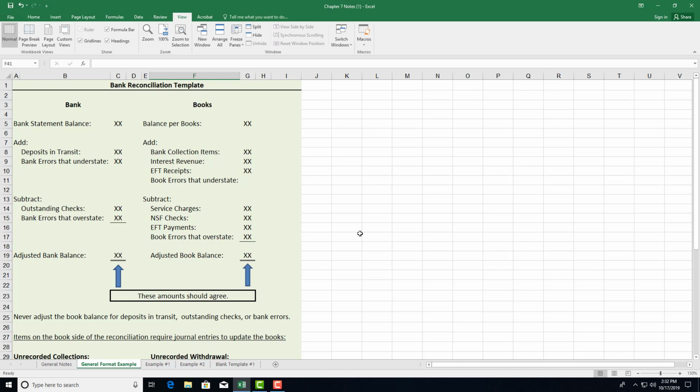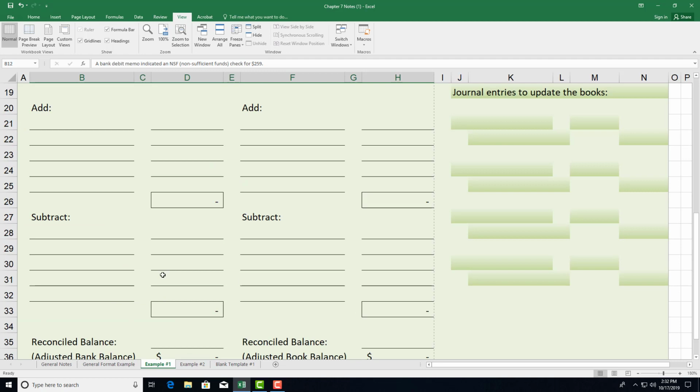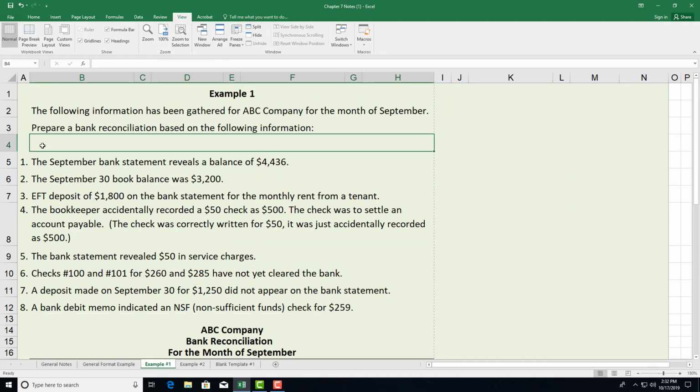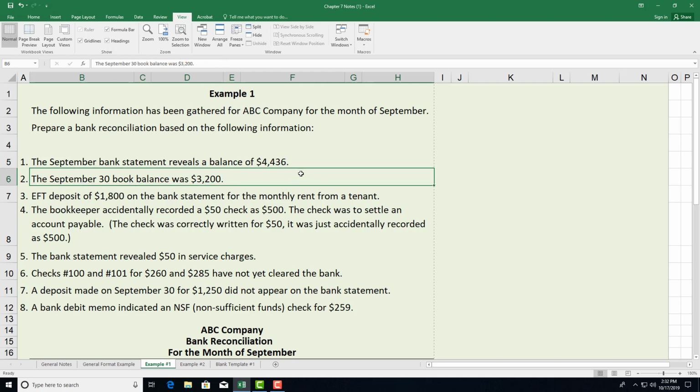Okay, on the second tab, I just have basically a generic template that you might want to use to go back and study a little bit later, but we're going to jump into example 1. Okay, so we have the following information for ABC Company for the month of September. The bank statement has a balance of $4,436, but the book balance is $3,200. So we have a difference between what the bank says and what the books say.